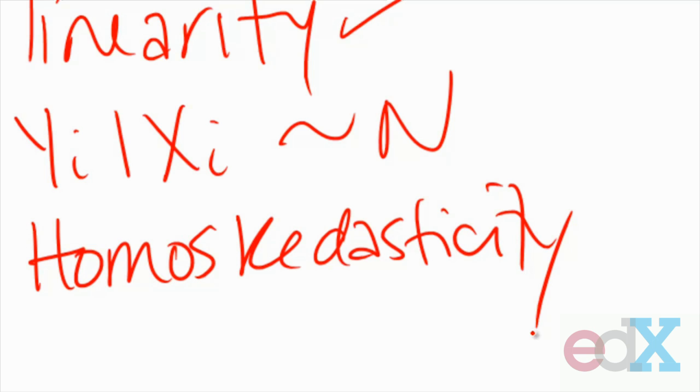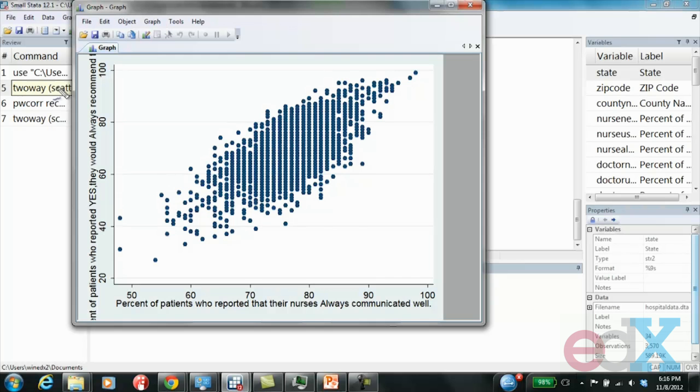And this is just a very long word that means constant variance. So the variance of the outcome given the covariate needs to be constant, regardless of what the value of the covariate is. So we'll go ahead and look at a scatter plot again to see if homoscedasticity and normality appear to hold in this instance.